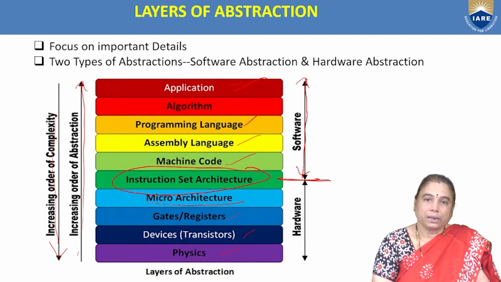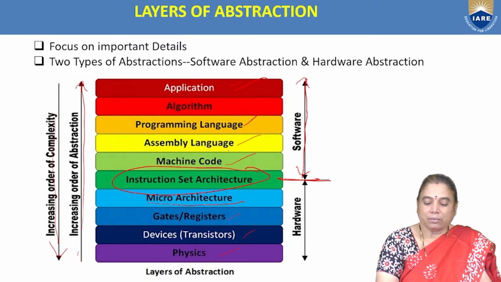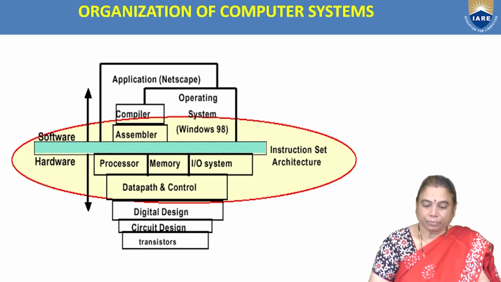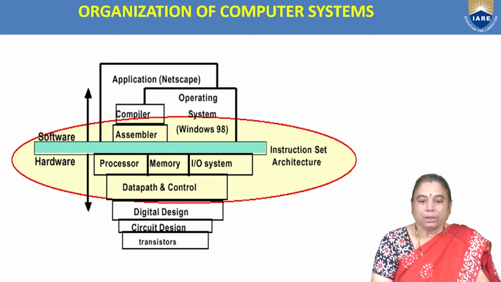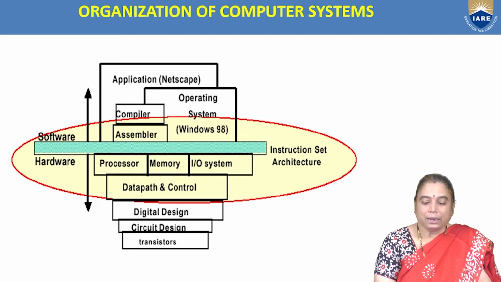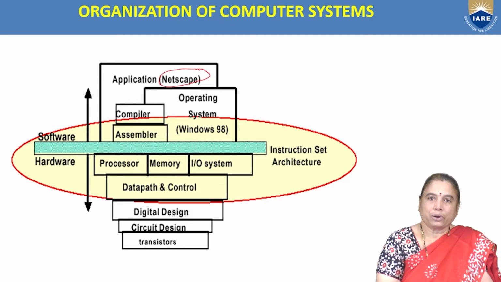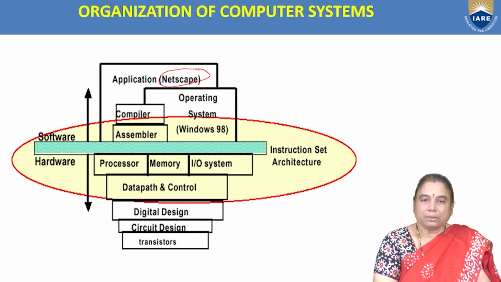These are the various layers, and the instruction set architecture is placed between machine code and microarchitecture and acts as an interface between the software and hardware layers. So here consider any application, for example Netscape Navigator, the web browser, with which the user can supply a task.